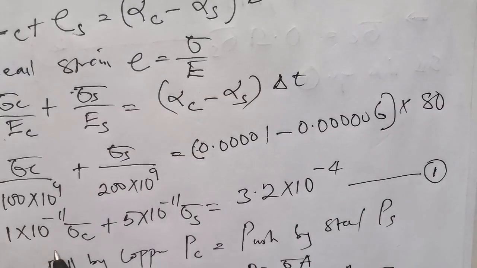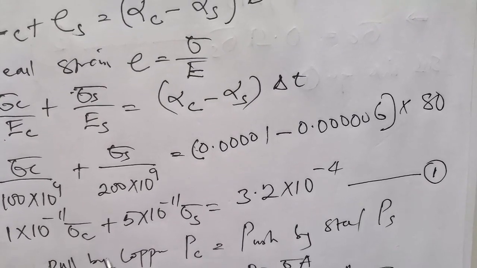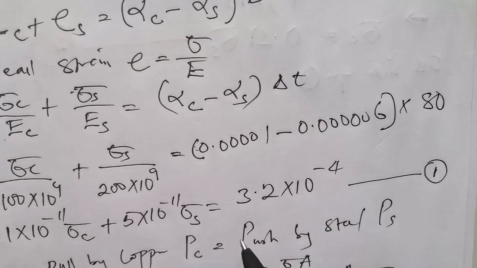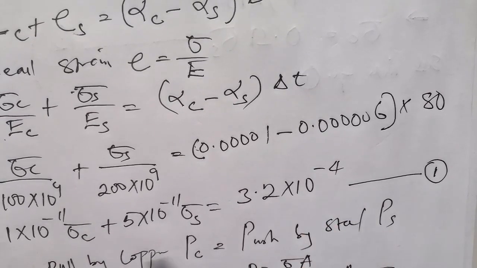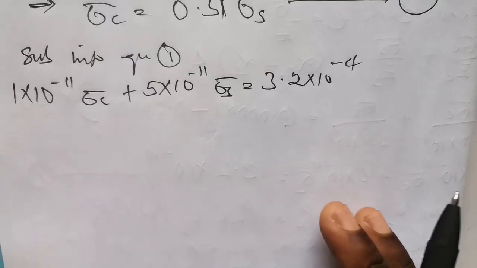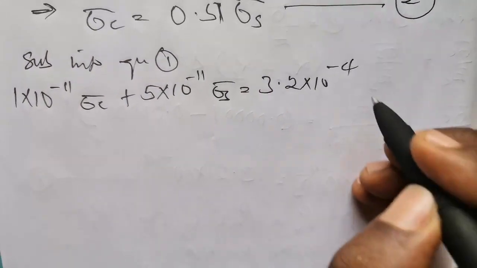In equation 1, we had 1 by 10 to the power of minus 11 sigma c plus 5 by 10 to the power of minus 11 sigma s, that's equal to 3.2 by 10 to the power of minus 4. So we can simply put that into this equation. So let me rewrite equation 1 over the other side of the book. Alright, so this is what we have from the perspective of equation 1.